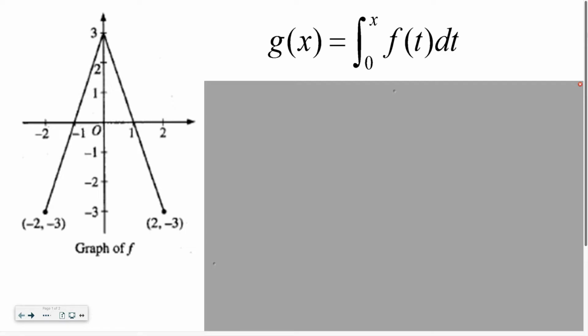What do you think about the relationship with G and F?